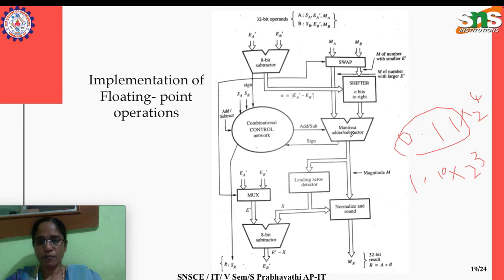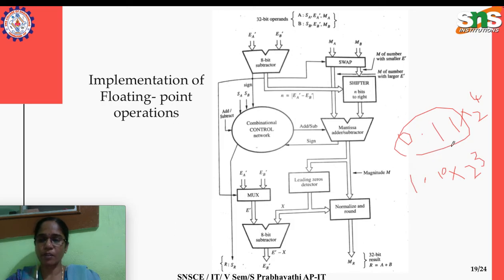If after the addition and subtraction we get a normalized result, that's it, no need to do anything. Otherwise, if we get something like this, we need to normalize it. So the leading zero detector will detect the leading zeros, or here there is no leading zero but a one is there, so we need to normalize it by bringing this one back towards here.